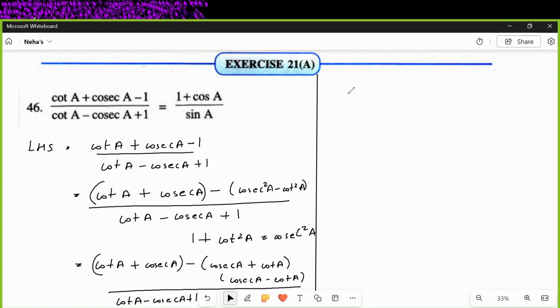Now the numerator will become cot a plus cosec a, which can be taken out as common from the left hand side and the right hand side terms. So the bracket will have 1 minus cosec a minus cot a.